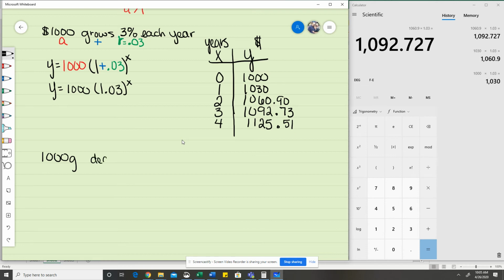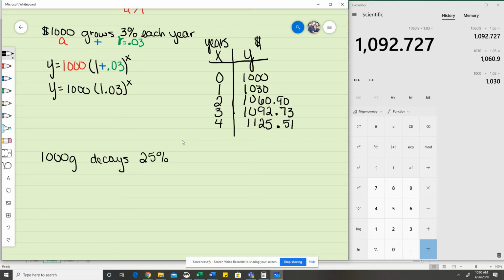When I talk about carbon dating, you have archaeologists and paleontologists that are trying to figure out how old something is, and they do that by carbon dating. They look at something and say, okay, well, there's this much of it now, and we know carbon decays at a certain rate.